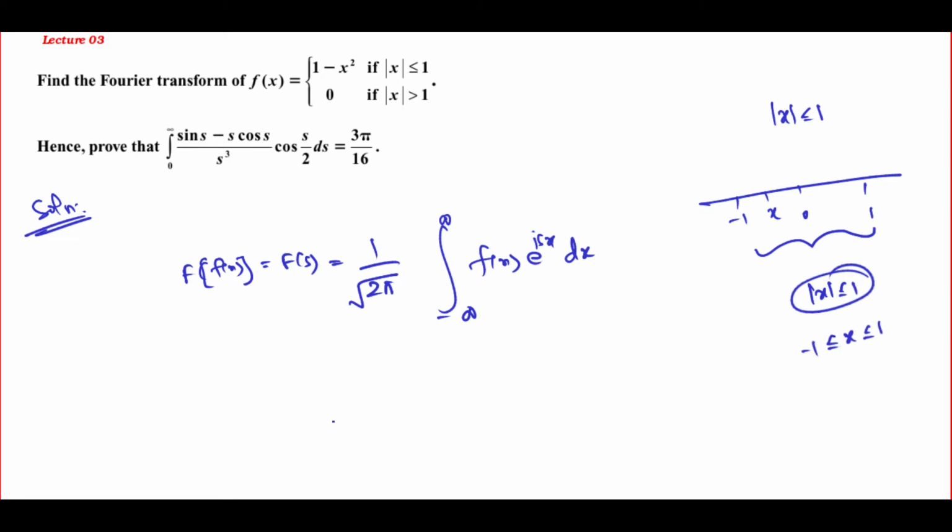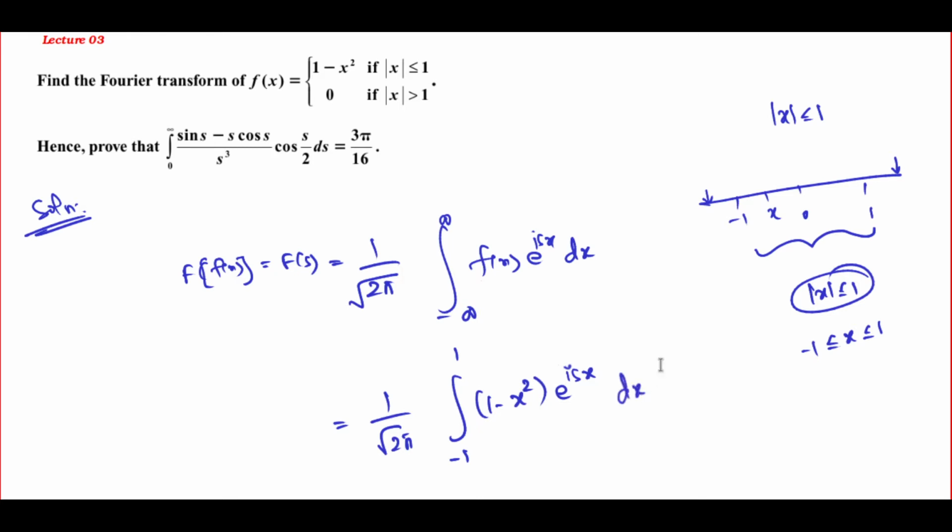So this integral can be split across three different integrals, where two of them are 0 because mod x is greater than 1 in those regions. Therefore, this integration can be simply written as the integral from minus 1 to plus 1 of 1 minus x square into e to the power isx into dx.